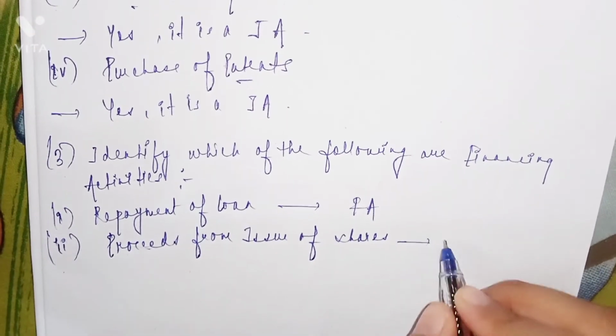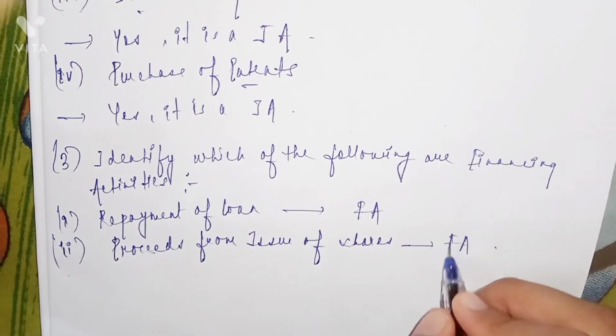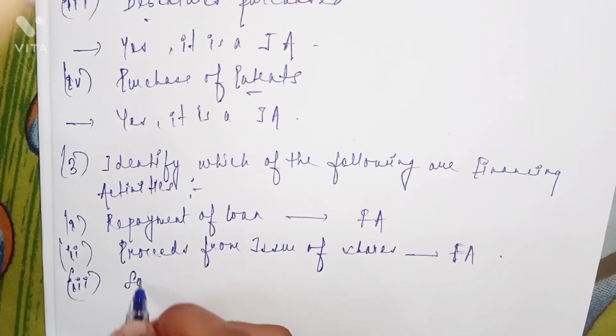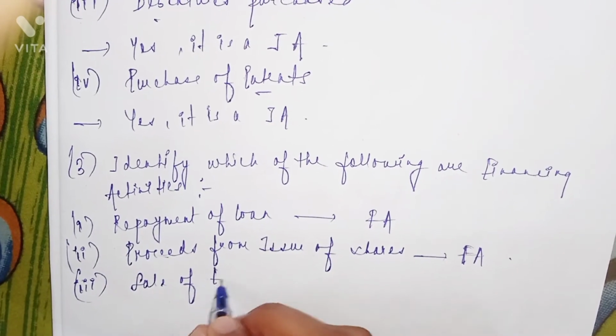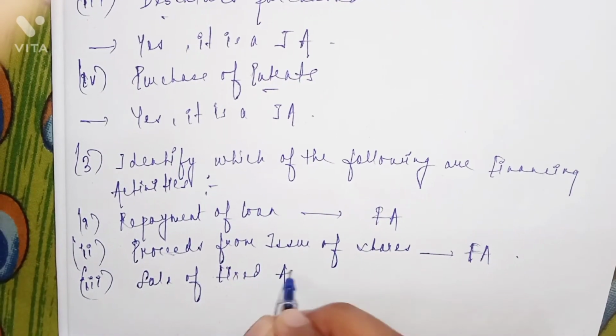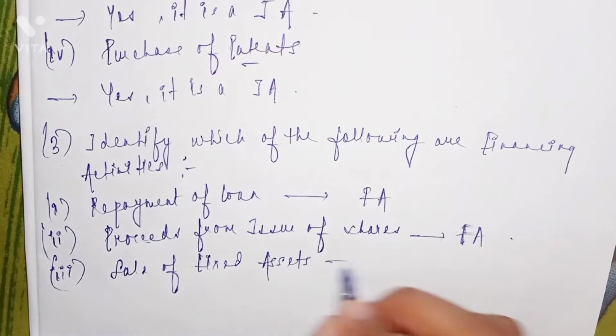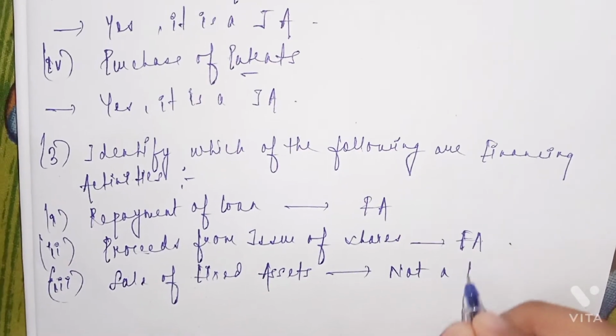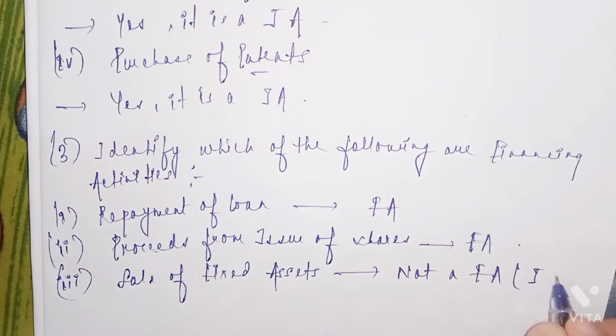So it's a financing activity. It's a FA. Number 3, sale of fixed assets. So it's very clear now, as we have done your investing activity sum, that it's not a financing activity, it's an investing activity.